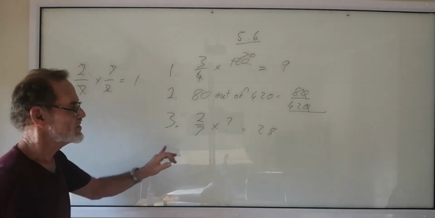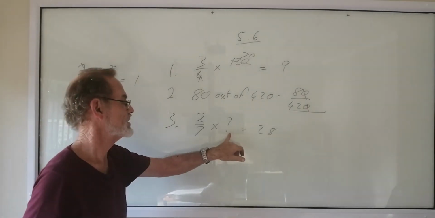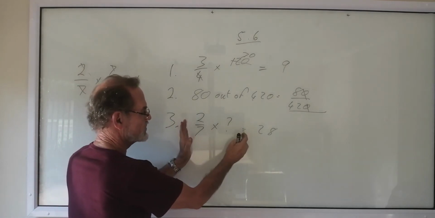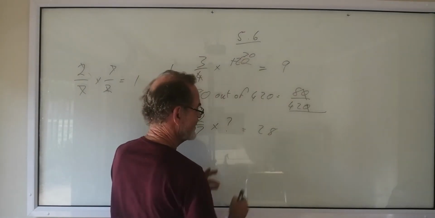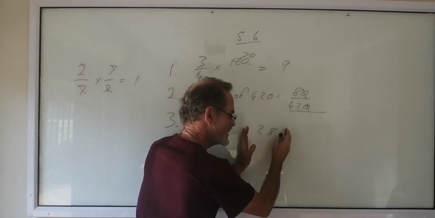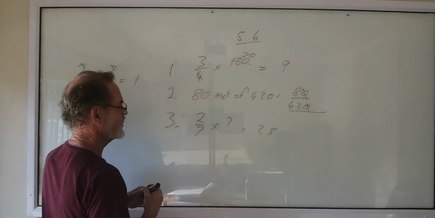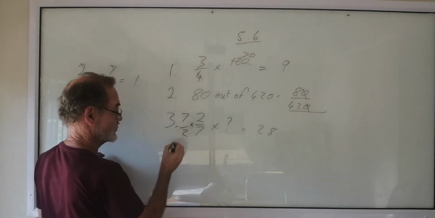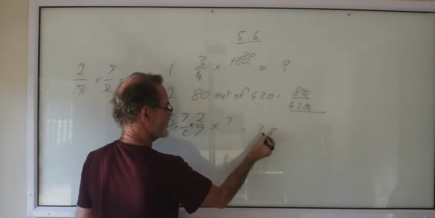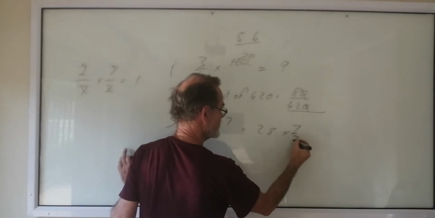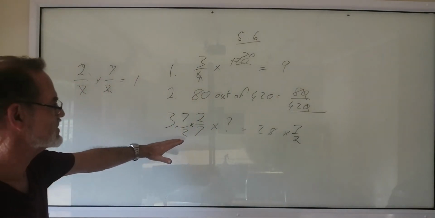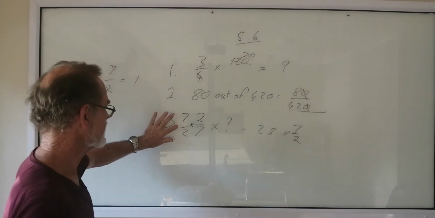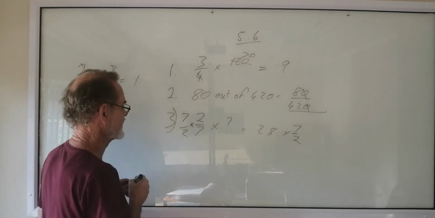And what we want to do is, we want to get this question mark on its own here. And you can do anything to this equation, the left-hand side of the equal sign, the right-hand side of the equal sign. What you do to the left-hand side, you must do to the right-hand side. You can do anything you like. So what we're going to do is we're going to multiply this 2/7 by 7/2. And we're going to multiply this 28 by 7/2. We've not changed anything because this is still equal to that because we've done the same to both sides. Number 3. We put a bracket there.